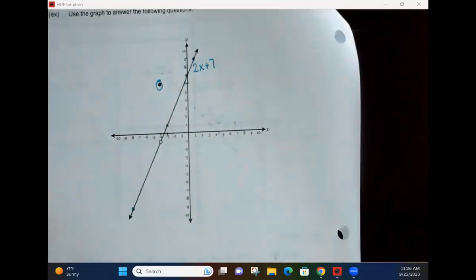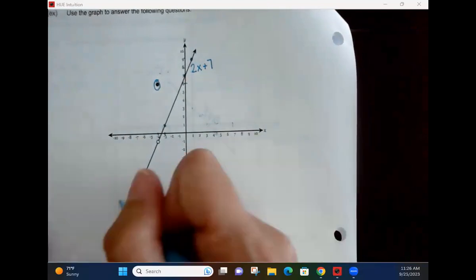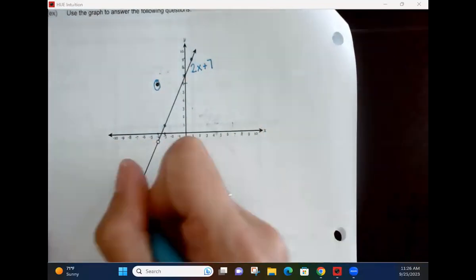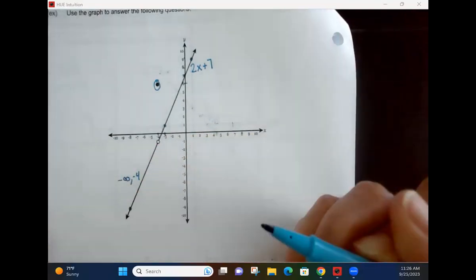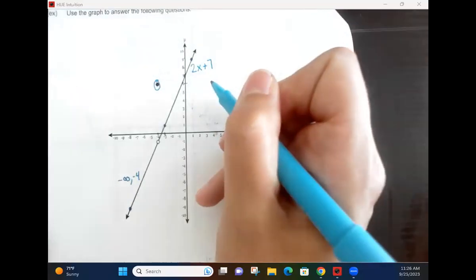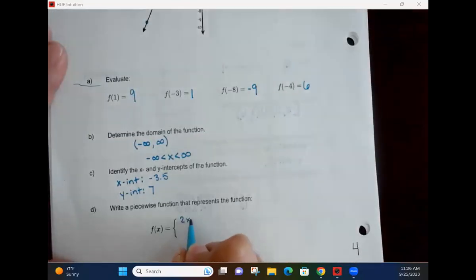When I give my piecewise function, this is where I'm going to need to split things up. So for this part, everything from -infinity up to -4, I'm using this line, right? It's the same line. So my first piece would be 2x plus 7 for all x values less than -4.